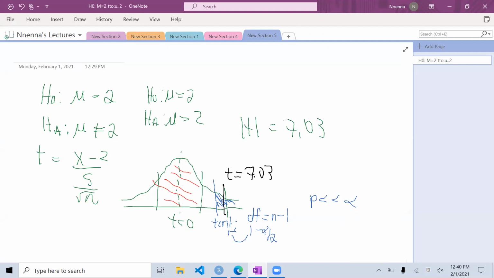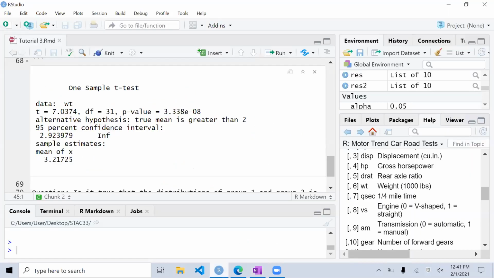It can even be infinity. So you're hypothesizing your interval is between 2 and infinity, right? You now don't have a finite upper bound on the direction of your actual mean. This is why your confidence interval now has a lower bound of 2.92 and an upper bound of infinity. It can really take on any value.